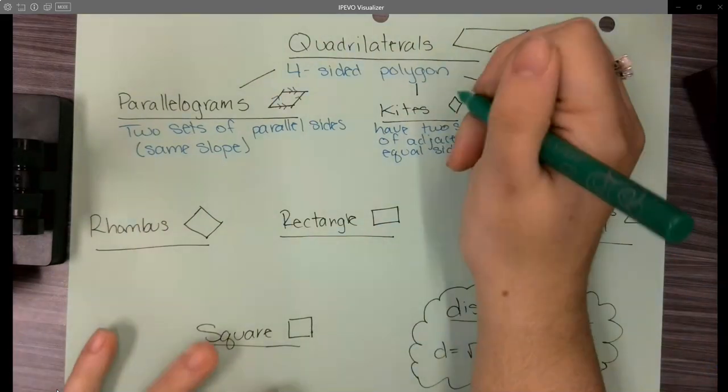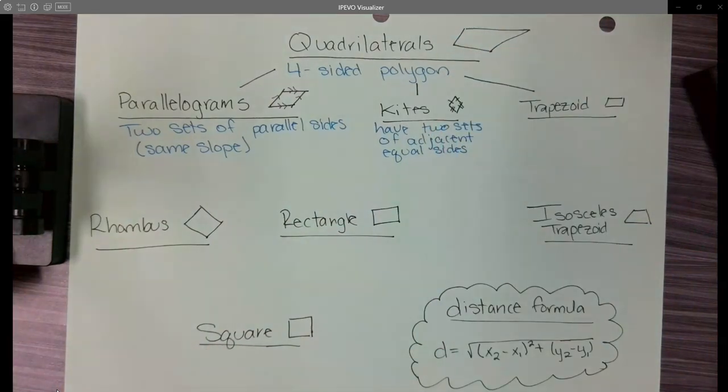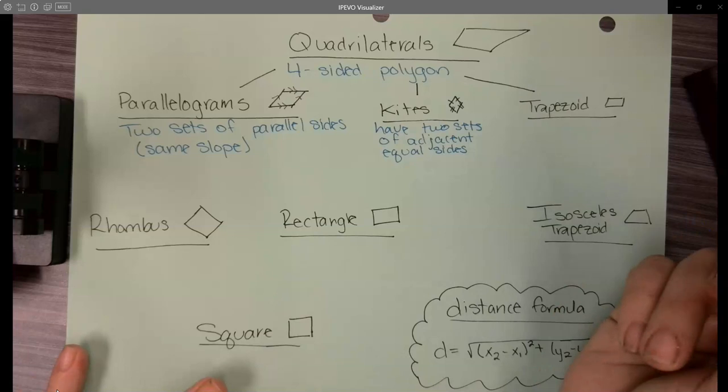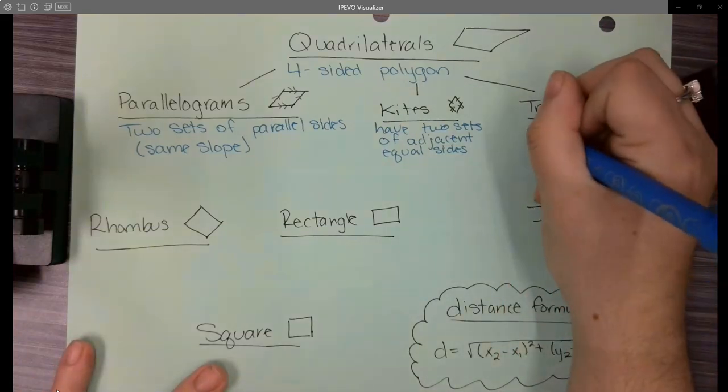So the top two would be congruent, and then the bottom two would be congruent to each other. Then I have trapezoids, which have one set of parallel sides.